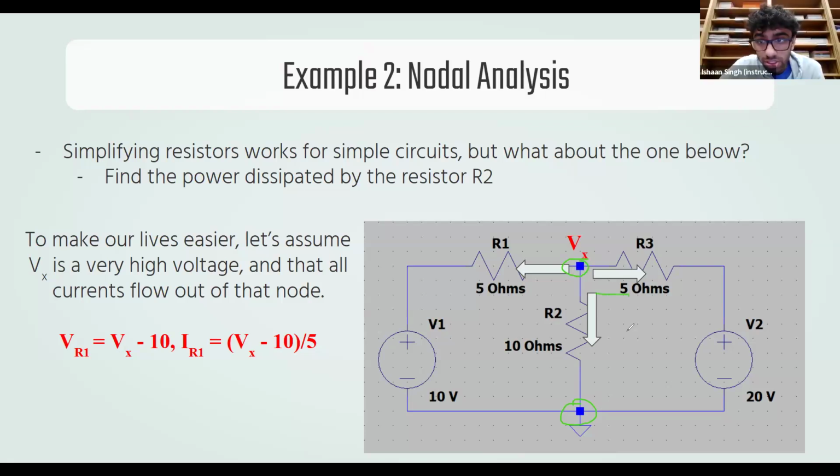And so what is the voltage dropped across the resistor in the direction of our current? Vx minus 0, which is just Vx. And so what is the current through that resistor? If it drops Vx and it has a resistance of 10 ohms, what is the current? Vx divided by 10. Yes, exactly.